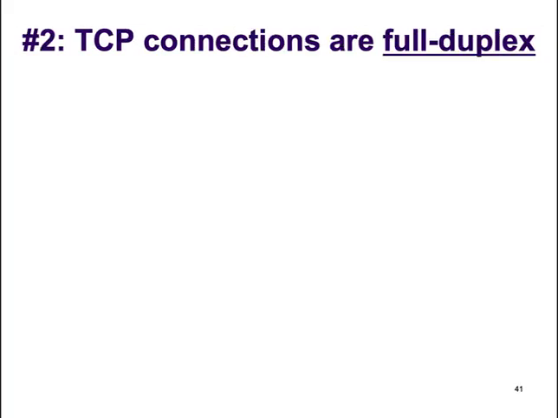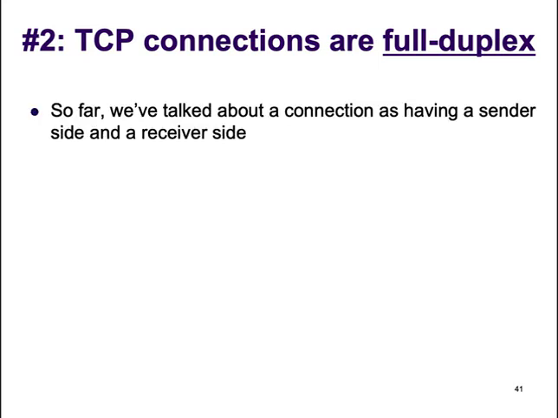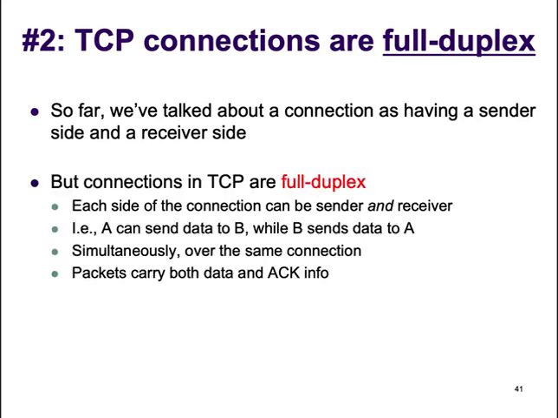The other thing, and this is another subtle point that trips people up, is that TCP connections are what we call full duplex. The way we've been talking about TCP and the transport layer so far is that I have a sender side and a receiver side, and the sender is sending data to the receiver. In a TCP connection, when we say they're full duplex, each side of that connection can be both a sender and a receiver simultaneously using one connection.